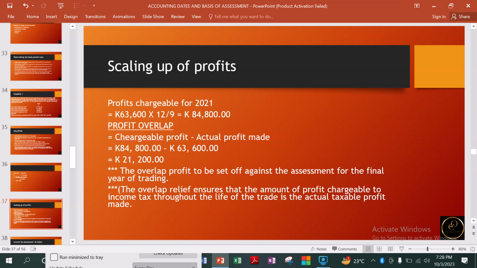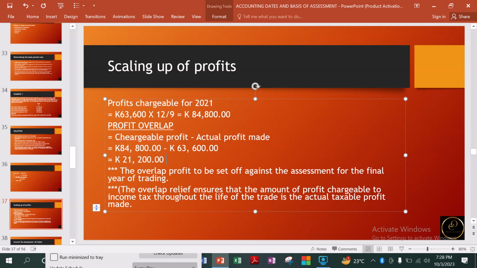So what does this mean? When you cease trading, in the final year of trading, this record is kept for overlap profit of 21,000.